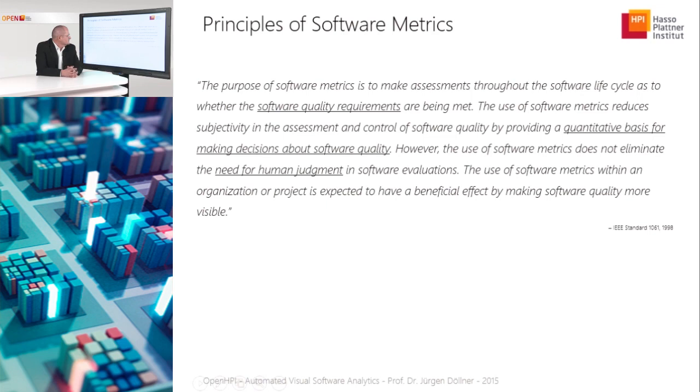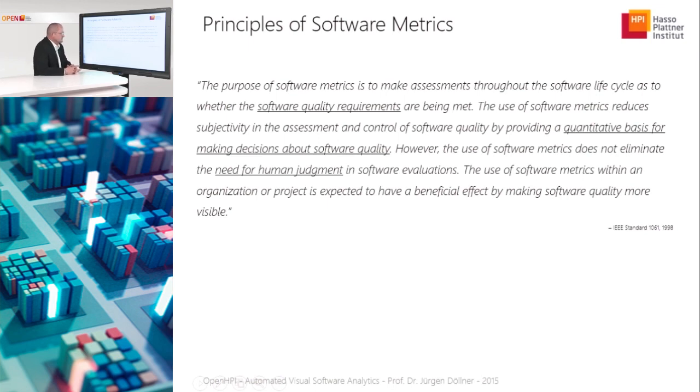However, the use of software metrics does not eliminate the need for human judgment in software evaluations. This is a very important point: even if we can exactly measure certain aspects of software quality, it's still up to the human developer, to responsibles, to experts to interpret these values.